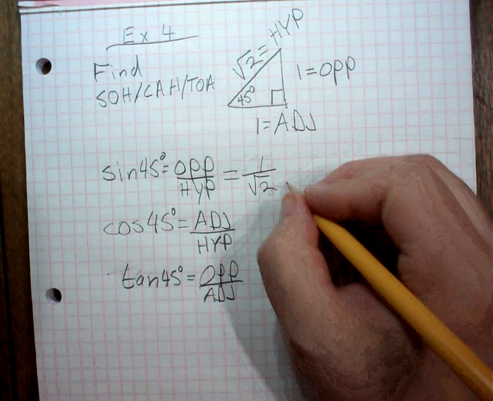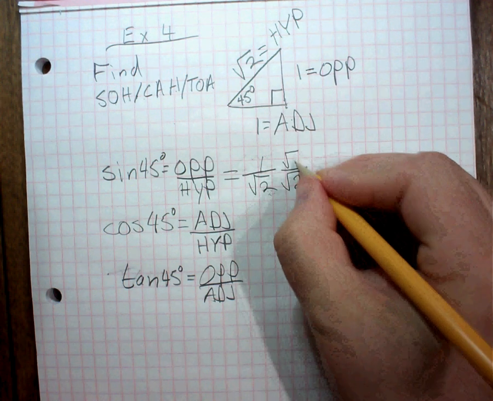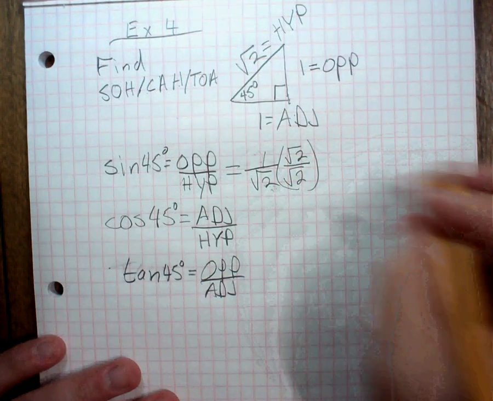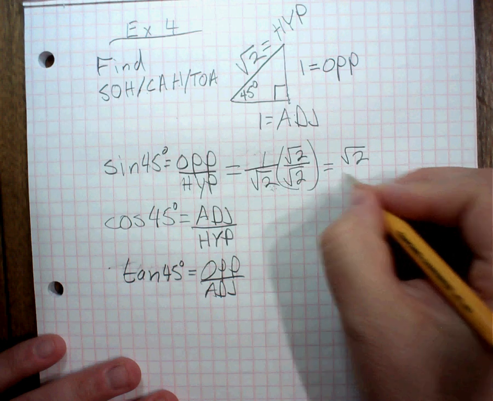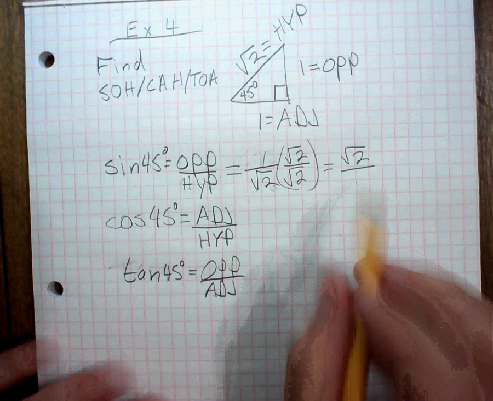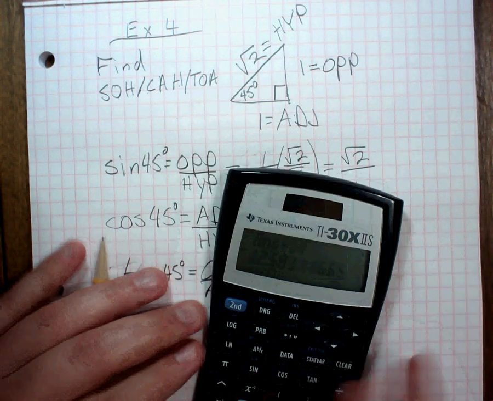In other words, I'm going to multiply the denominator by the square root of 2, remembering that whatever I do on the bottom, I also have to do to the top. So 1 times the square root of 2 is the square root of 2, and the square root of 2 times the square root of 2 is just going to be 2. If you don't believe me, let me show you on the calculator real quick.